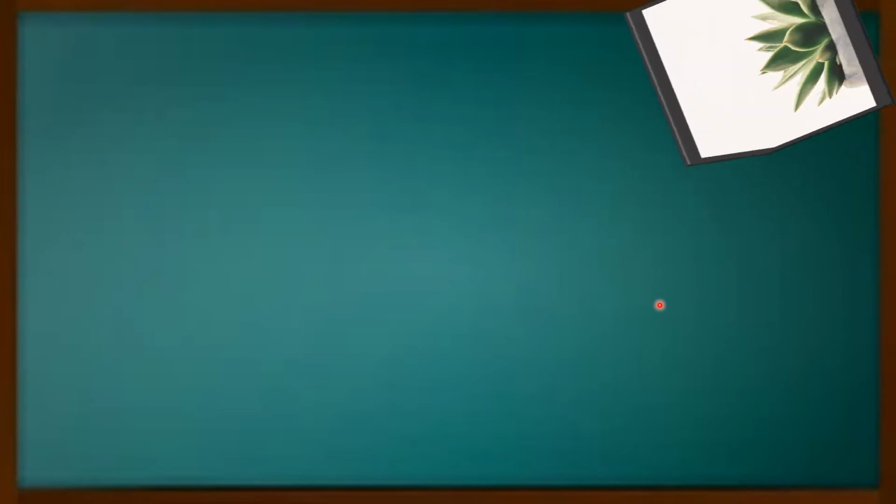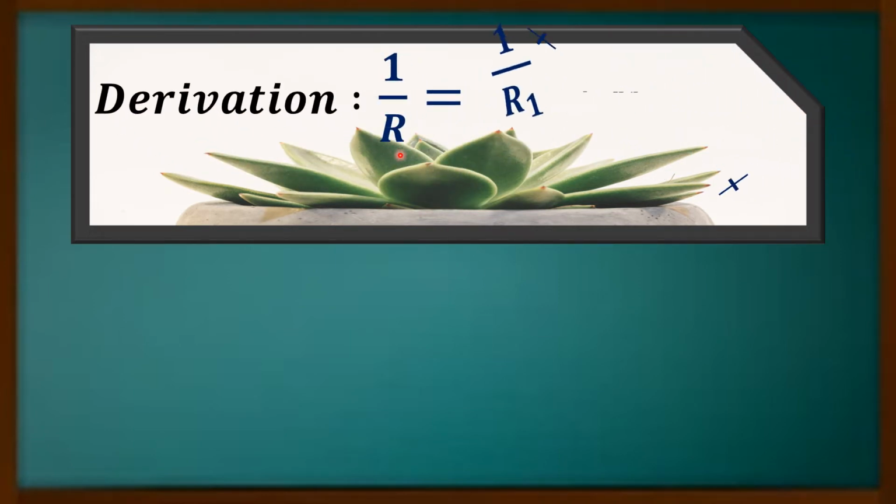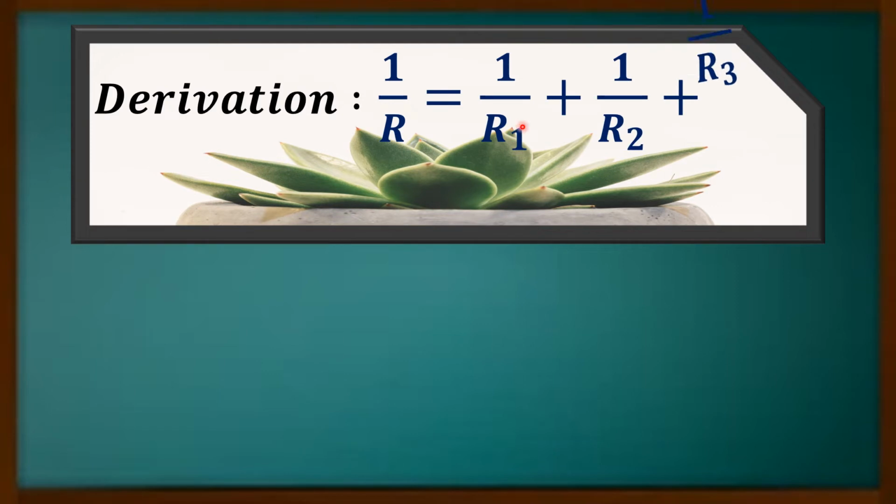So in this video, we are going to derive the formula 1 by R is equal to 1 by R1 plus 1 by R2 plus 1 by R3. Here R is the equivalent resistance of the three resistors whose resistances are R1, R2 and R3.